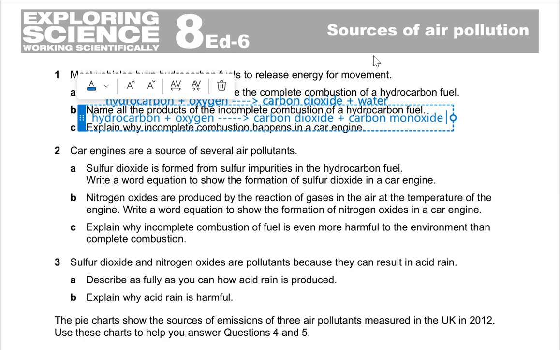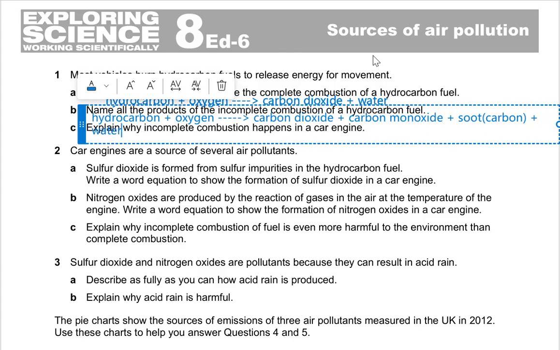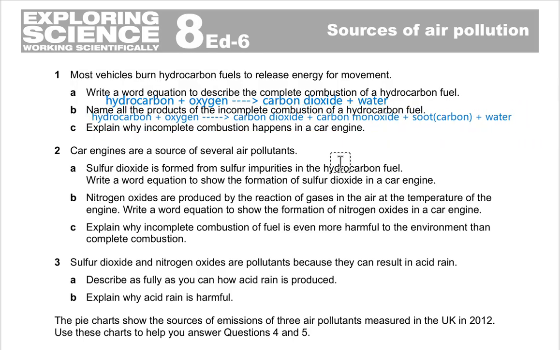Carbon monoxide means the ones which are partially reacted with oxygen. Carbon dioxide means fully reacted with oxygen. So carbon monoxide is partially, and what are the carbon particles that have not reacted at all? Soot. Plus the next thing, water.